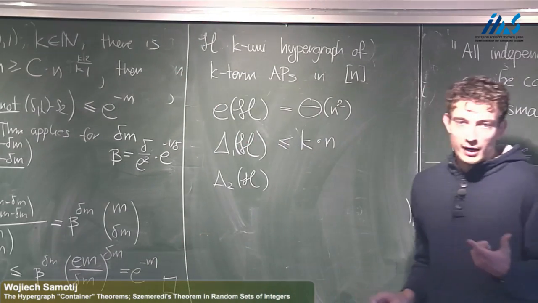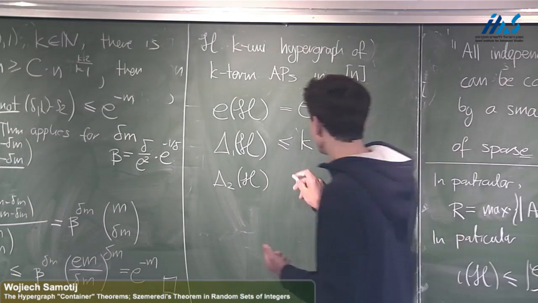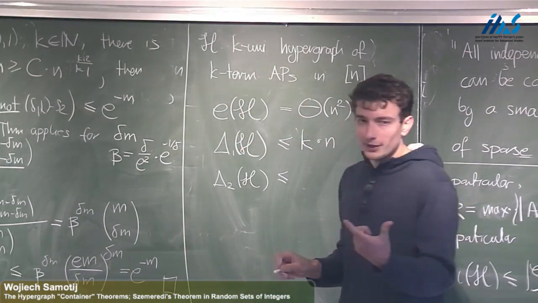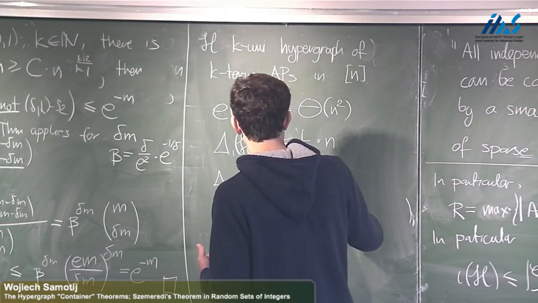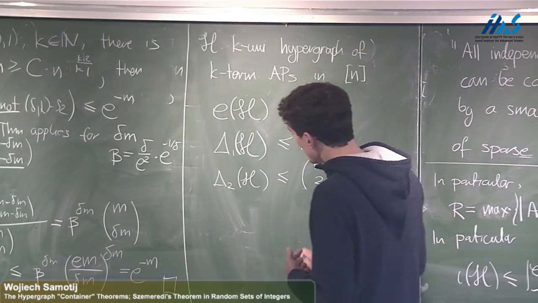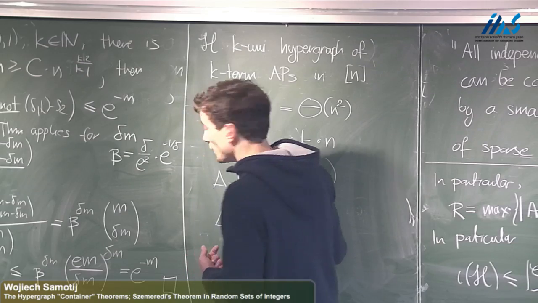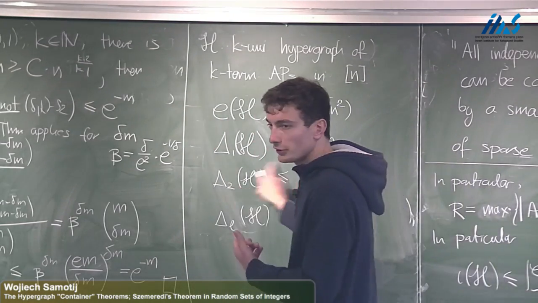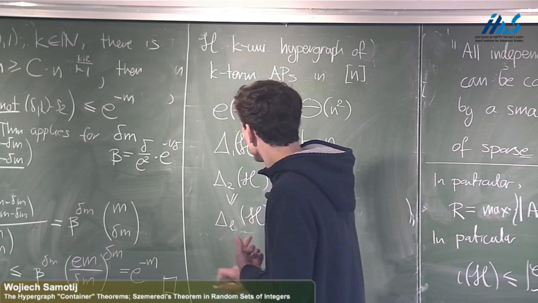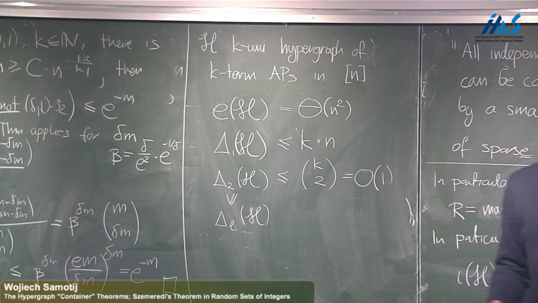I give 2 elements, and how many arithmetic progressions can contain these 2 elements? Well, it's enough if I say that one is position i, the other is position j, so it's at most k choose 2, and in fact, this is a bound for all larger degrees, because if I take any larger set, then it contains some 2 elements, and these 2 elements already give me a bound, and for all purposes, this is just a constant, so I can't do any better.